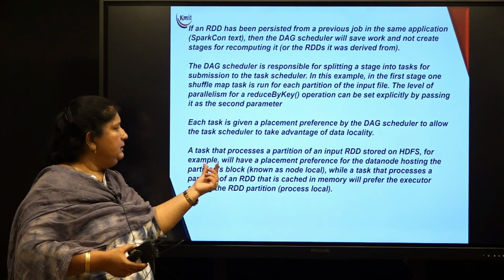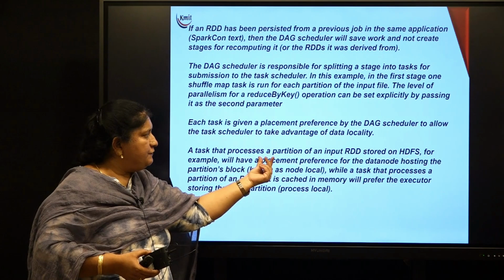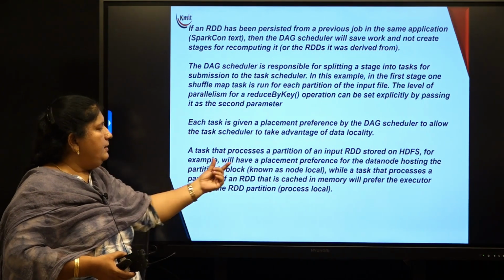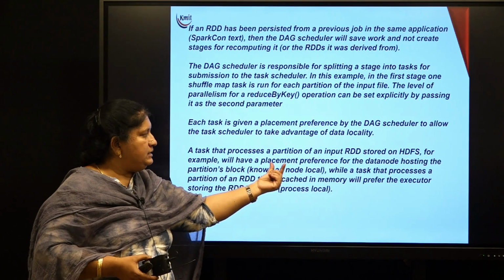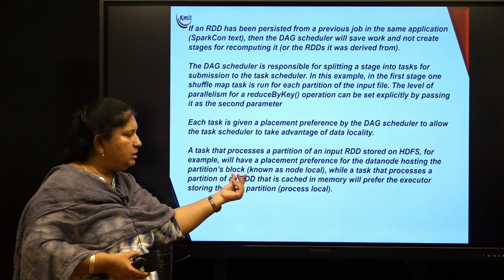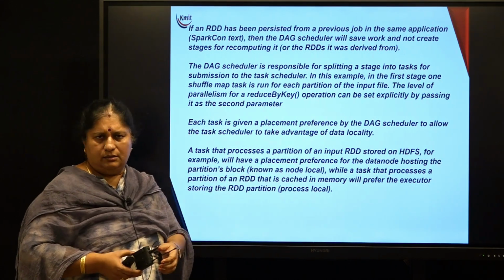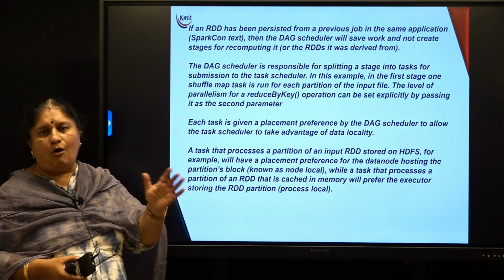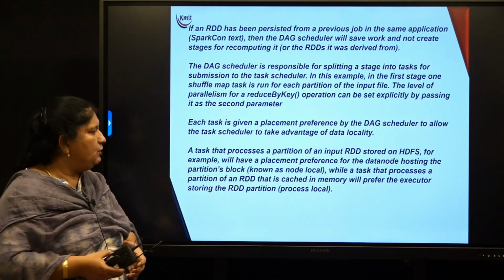A task that processes a partition of an input RDD stored on HDFS, for example, will have a placement preference for the data node hosting the partition's block, like local locality of reference: within the same rack, or off the rack. The same principles work here.